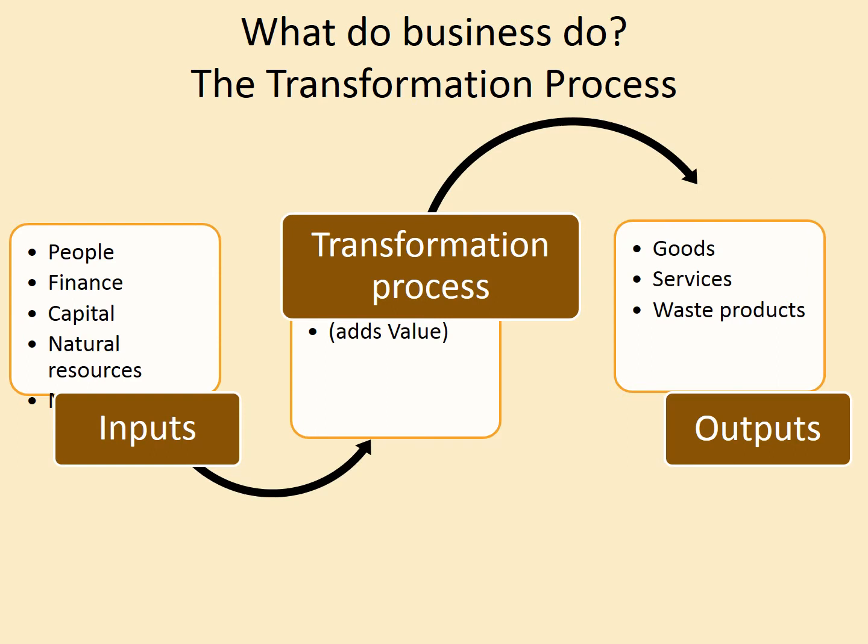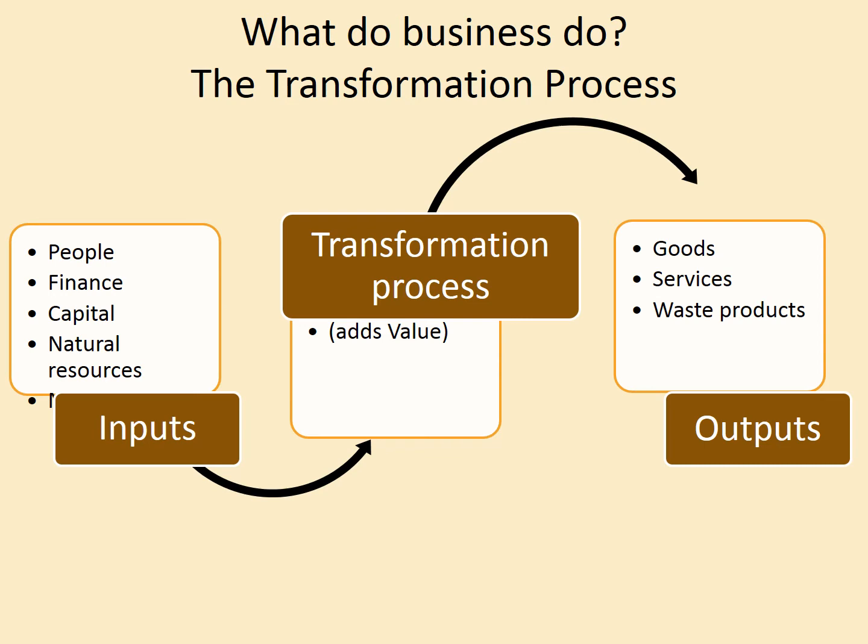So what do businesses do? Businesses basically transform inputs and end up with outputs. Now inputs are anything like people, so the workers, finance, so any kind of money, capital, so any business investment that they've got, and natural resources, so raw materials, and they take them and they add value to it.